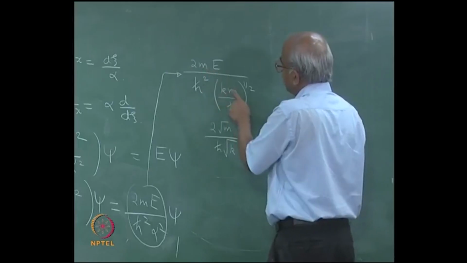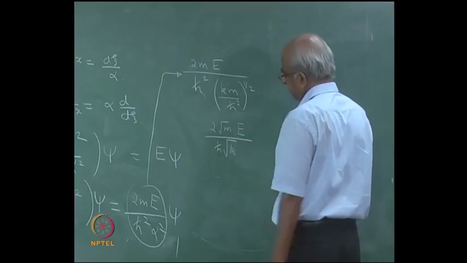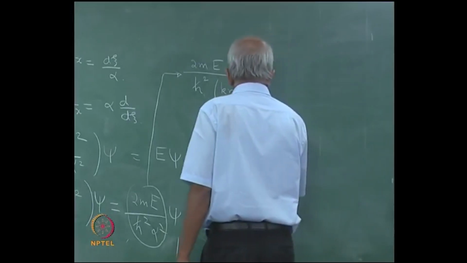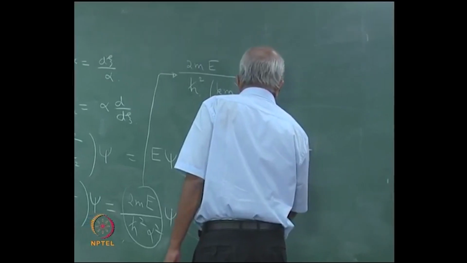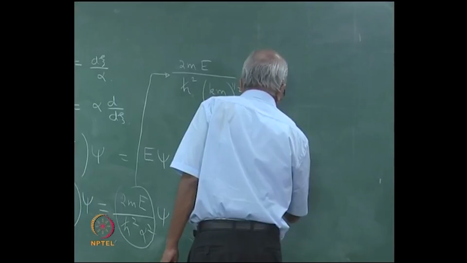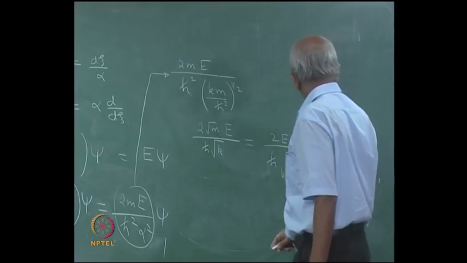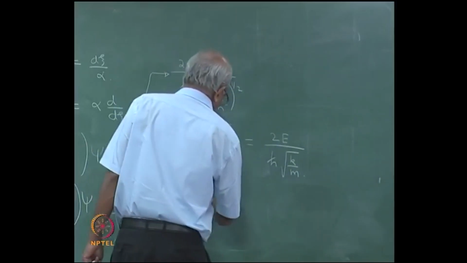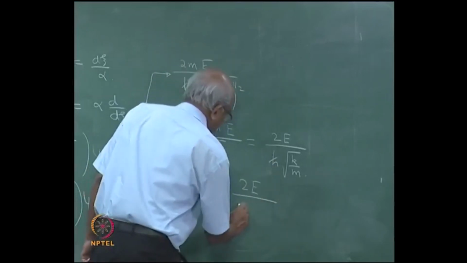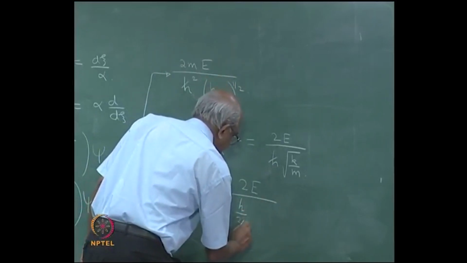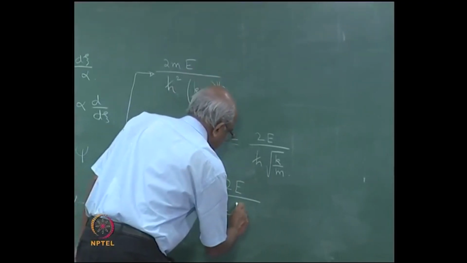Then there is an m here, there is a square root of m here. So, naturally you will get square root of m in the numerator, and if you like, you can write this as 2e divided by h cross square root of k by m, and that you can write as 2e divided by h divided by 2 pi into square root of k by m. After all, h cross is just h divided by 2 pi.